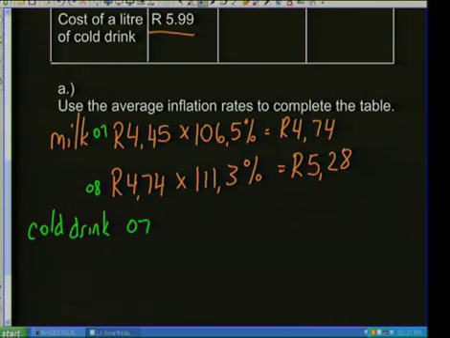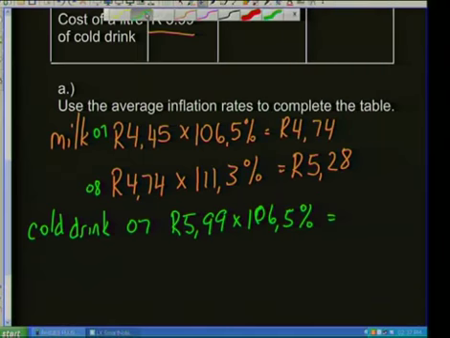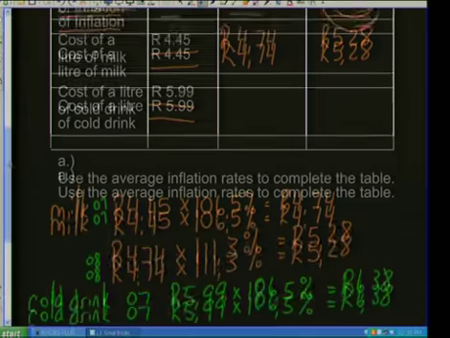And again, 07 was R5.99 times by 106.5%. So on my calculator, 5.99 times 106.5%. It's R6.38. And I can fill that into my table.